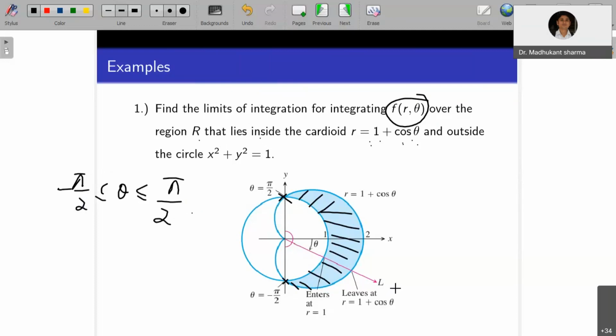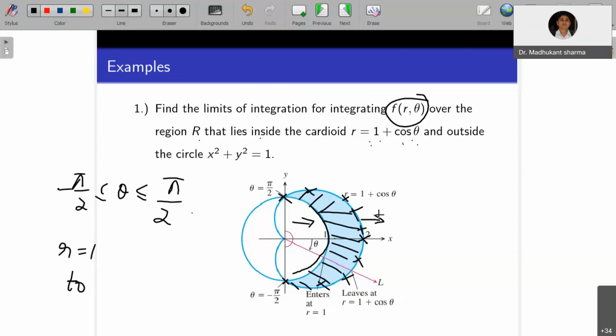For r limits, you can see that r will enter from here and exit from here. Okay, so at any point here, r value is 1. So if r equals to 1, 2, it will leave 2 from here. So at here it is 2, but here and here it depends entirely on theta.